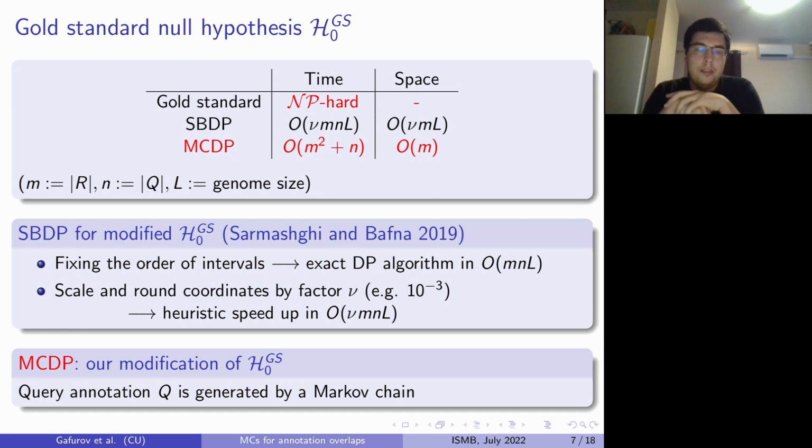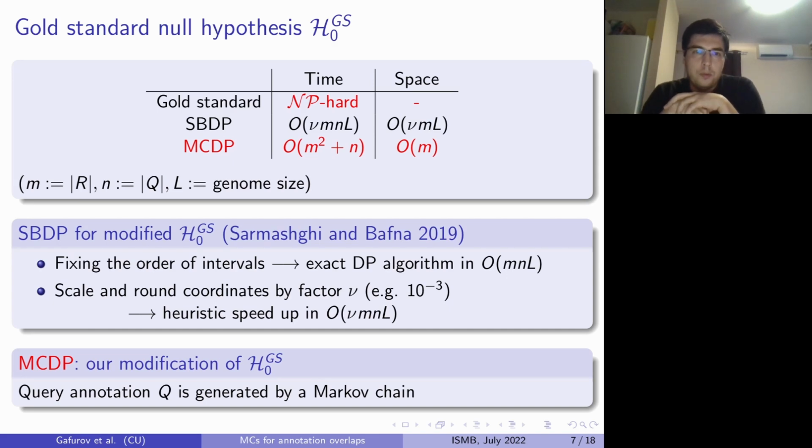Having that, they were able to describe an exact dynamic programming algorithm in O(mnL) time, where m and n are the sizes of query and reference, and L is the genome size. And since it's too slow, they also came up with a heuristic where they scale all the coordinates, multiply by a small constant, and then round down. And that achieves a linear speedup in time.